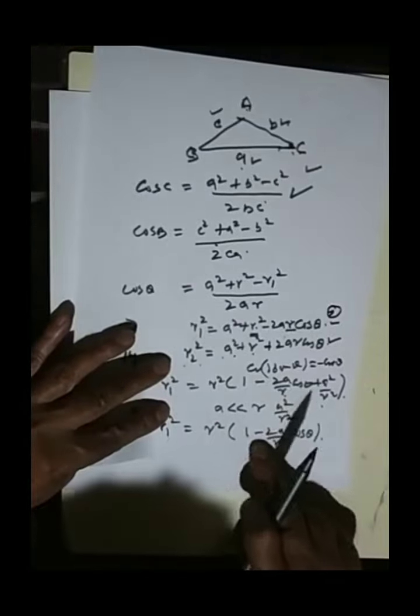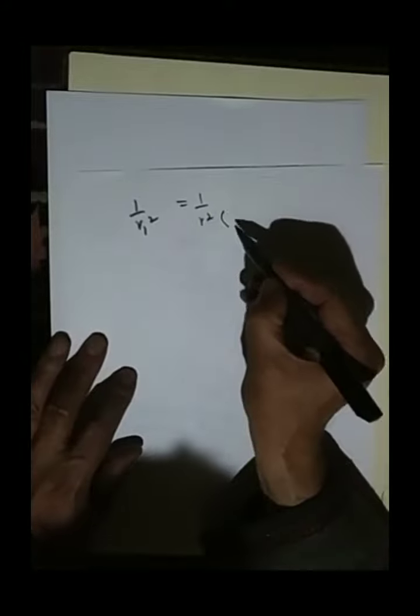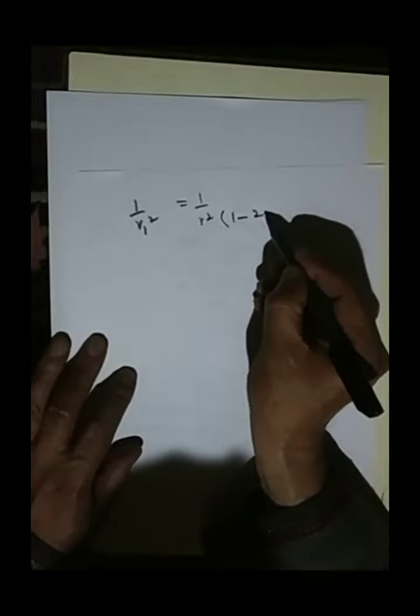Now we will reciprocate it. So 1 by R square will be equal to 1 by R square divided by 1 minus 2A by R cos theta.